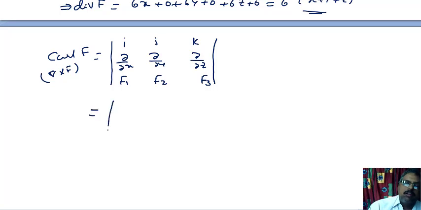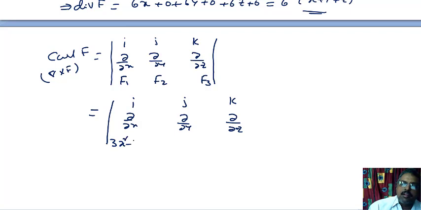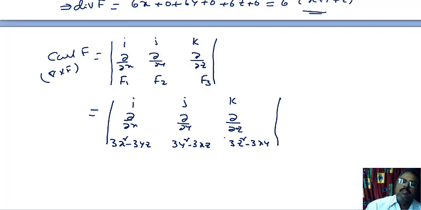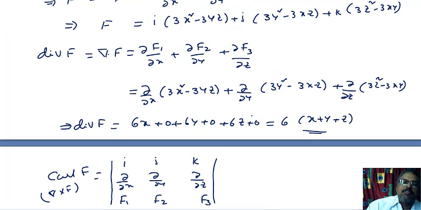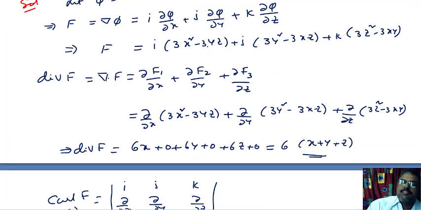Now what about the partial derivatives? f1 is 3x square minus 3yz, f2 is 3y square minus 3xz, f3 is 3z square minus 3xy, which is taken from capital F. Capital F is i into 3x square minus 3yz plus j into 3y square minus 3xz plus k into 3z square minus 3xy.